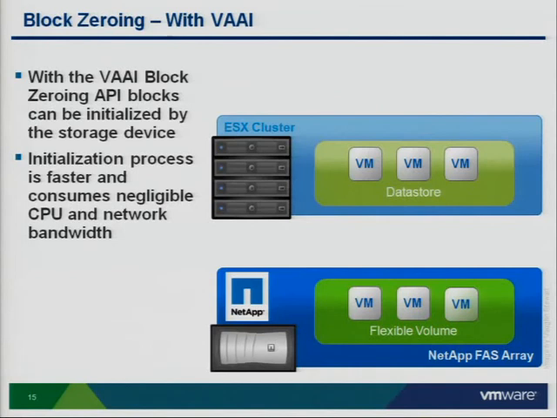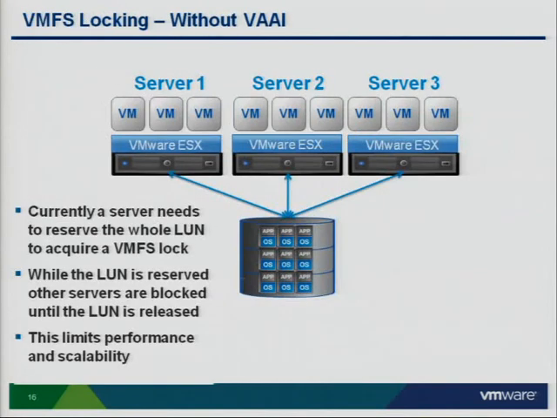Let's take a look at how VMFS locking works in vSphere 4.0 and older releases. Showing here a very simple example, 3 ESX servers sharing a common LUN. Normal I/O operation is observed between ESX 2 and 3.